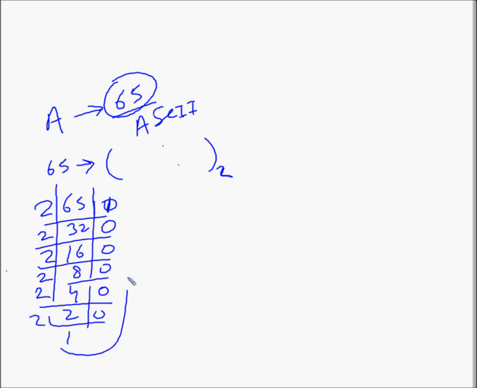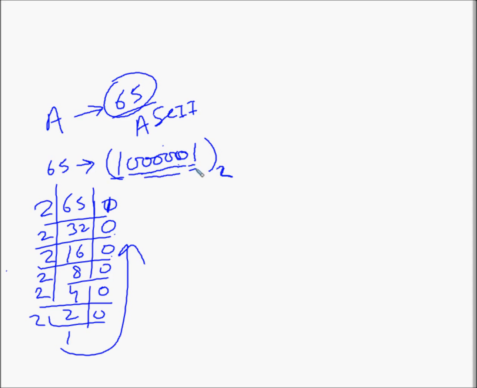So the digits are like this: 1, then five 0s, and then 1. This is what A is, that the computer understands: 1 0 0 0 0 0 1, right? So 1 means it is on, and 0 means off.